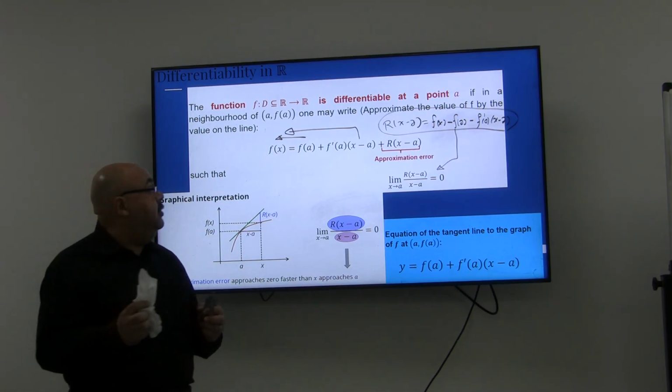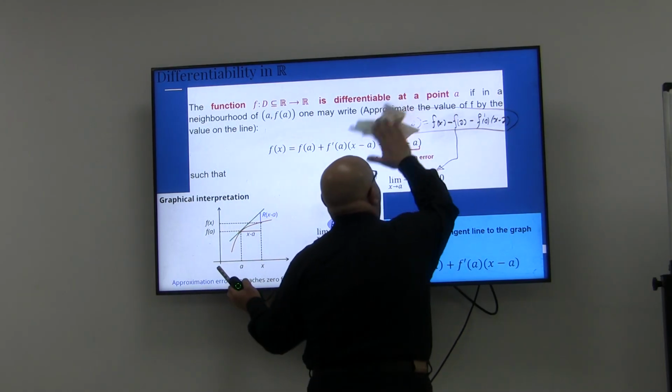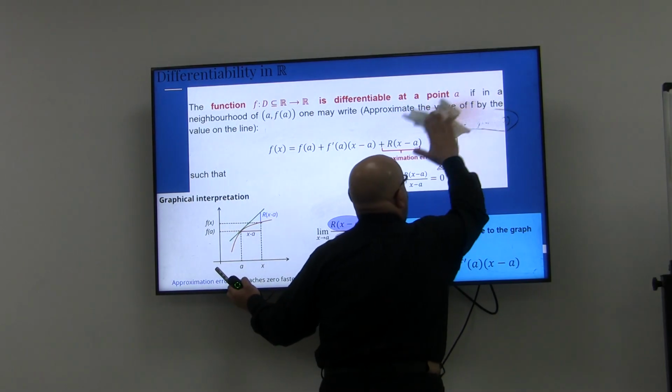This is how to evaluate the value of the remainder term, as we will see in the coming slides, inshallah.